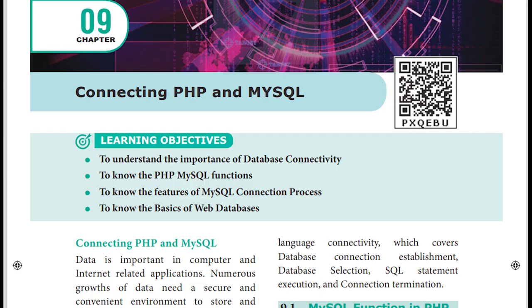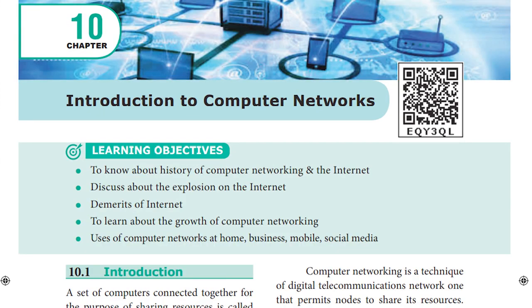Okay, and the 10th chapter is introduction to computer networks. Here you will be learning the introduction to computers and how they can be connected together, how we can share a resource or data from one computer to another computer, how we can connect some computers in a network, and what computer networking is, and we'll be knowing more about a node, address, network address and all.